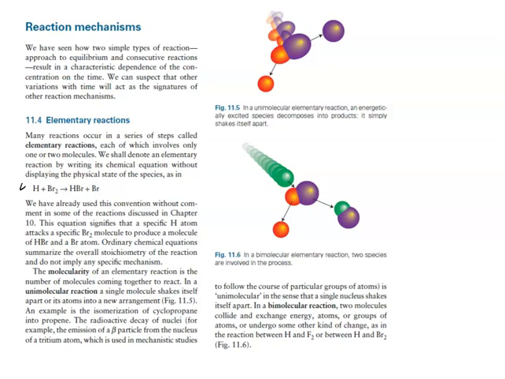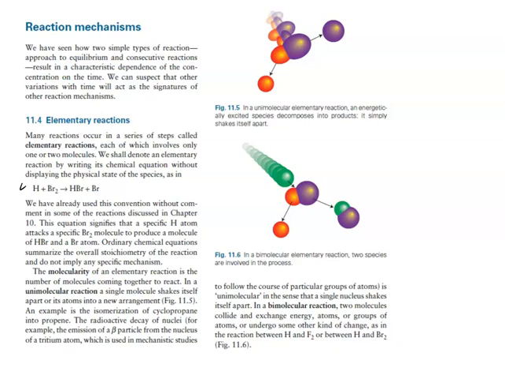We've already used this convention without comment in some of the reactions discussed in Chapter 10. The equation signifies that a specific hydrogen atom attacks a specific Br2 molecule to produce a molecule of HBr and a bromine atom. Ordinary chemical equations summarize the overall stoichiometry of the reaction and do not imply any specific mechanism.